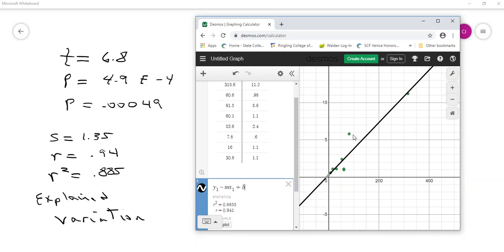Now, the distance from the point to the line, obviously there's some error, and the error relates to how far the points are away from the line. So each point has what we call a residual, or distance. It's not perpendicular to the line, but perpendicular to the x-axis.